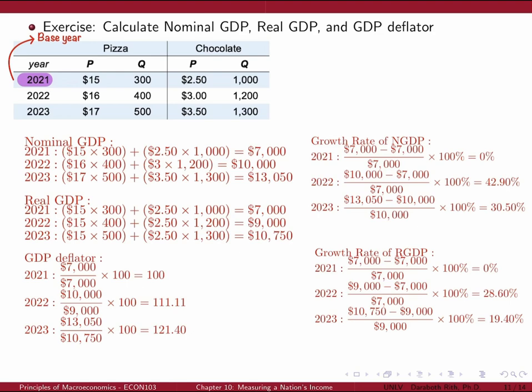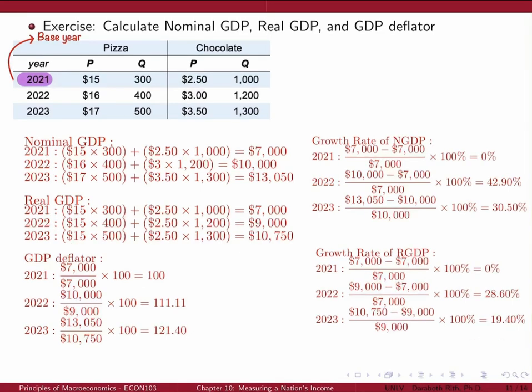For year 2023, price of a pizza $17, quantity of pizzas 500, price of a chocolate $3.50, quantity of chocolates 1,300. Nominal GDP, so you take $17 times 500 plus $3.50 times 1,300, that equals $13,050.